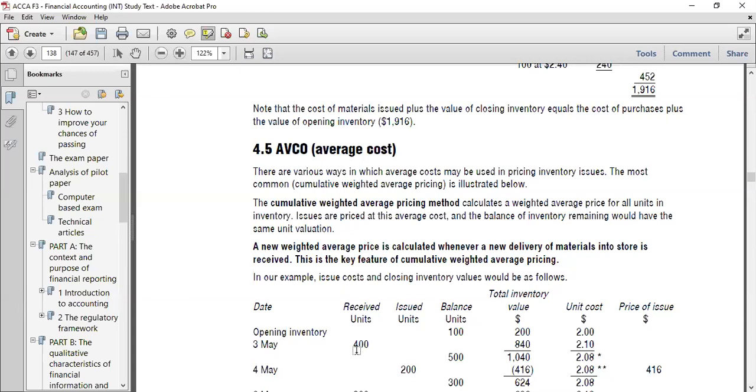we have our total balance of inventory at this date, which is actually 500: the 100 that we started with and the 400 that we have bought.